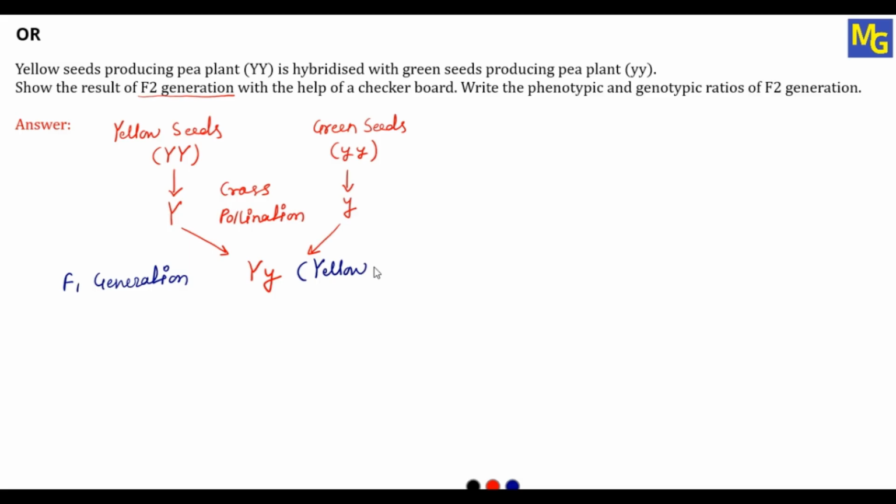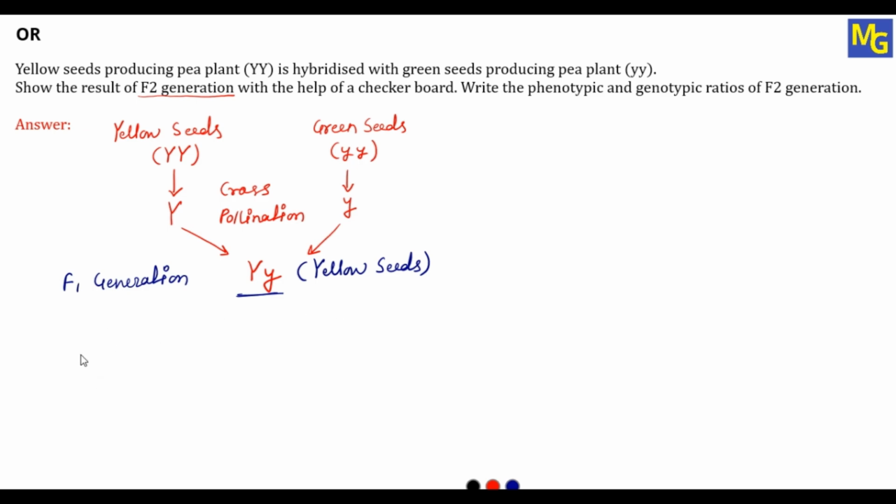Why? Because the genotype for this F1 generation is capital Y and small y. If it has one capital alphabet, that is the dominant character, and it will be seen. Capital Y means yellow. So all the seeds we get in the F1 generation will be yellow. So this was the F1 generation.